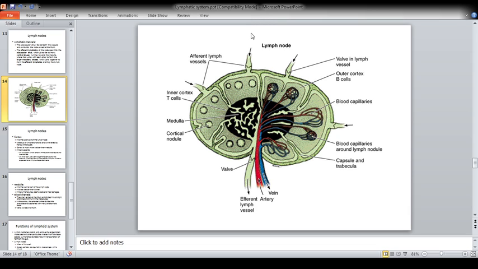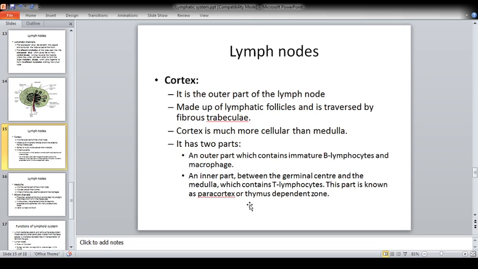So the lymph fluid would enter through the afferent lymph vessel into the lymph node, go into the subcapsular sinus, then into the cortical sinus, then into the medullary sinus, then leave through the efferent lymph vessel. Okay, so these were the lymphatic channels which were components of the lymph node.